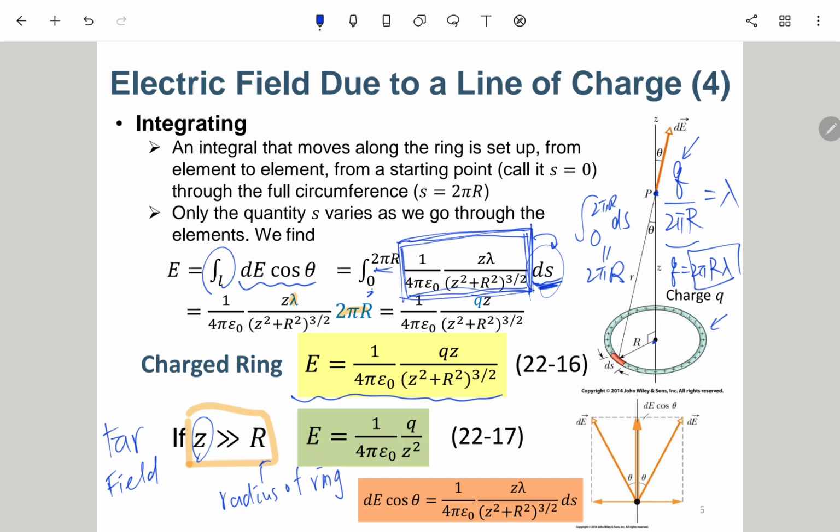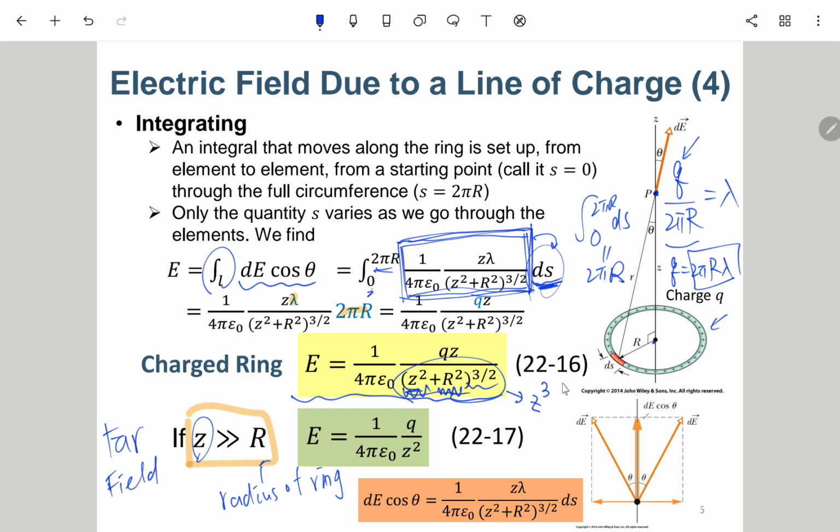So the simplification is something like this: in this parenthesis we have z squared plus r squared, and if z is much larger than r, then in that case we can ignore this r squared. So finally it turns out to be z squared to the power 3 over 2, which means this whole thing is approximately z cubed.